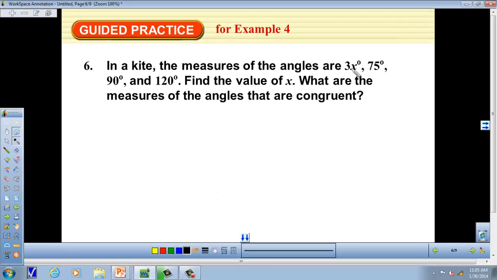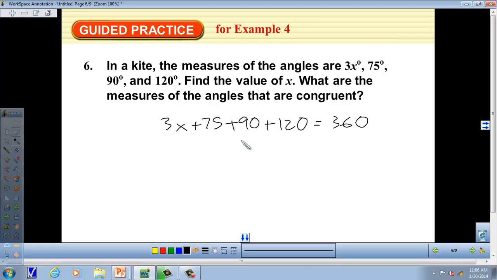We've got 3x, 75, 90, and 120. If you notice, we've got all four of these together equal 360. So we would say 3x plus 75 plus 90 plus 120 is equal to 360 because it is a quadrilateral.